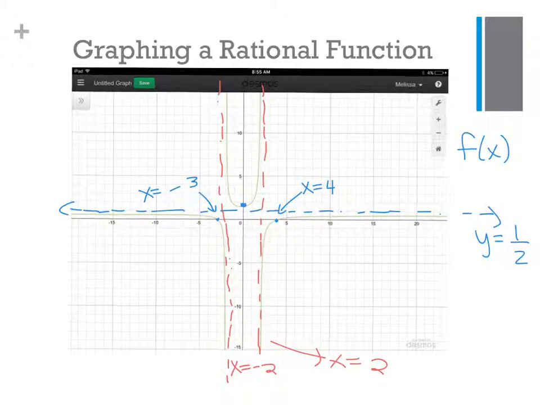So if you let x in your table approach negative infinity by saying x is negative 1,000, negative 10,000, negative 100,000, negative 1 million, negative 10 million, you will see that the y-coordinate in the table for those x values is approaching 1/2. So we have all the key components here on our graph of our function, and we're ready to move on to the next example.